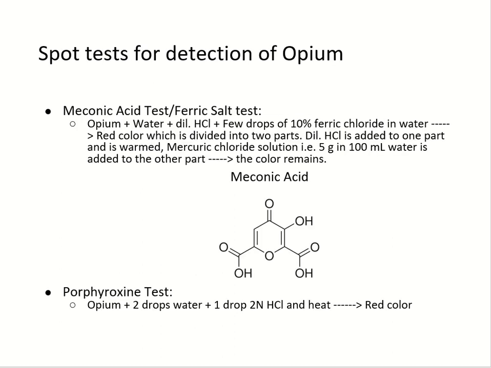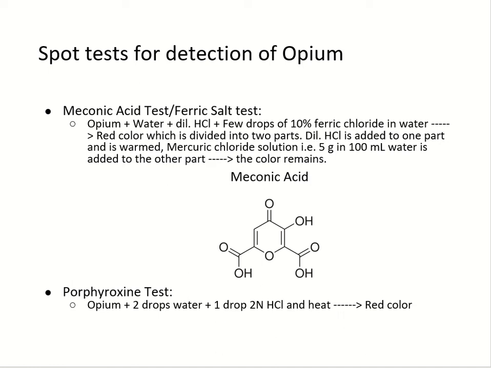Now, analysis of opium. Spot tests for the detection of opium are the meconic acid test or ferric salt test, in which dilute HCl and a few drops of 10% FeCl3 are added to the sample. Red color is observed, which is divided into two parts. To one part, dilute HCl is added and the solution is warmed.